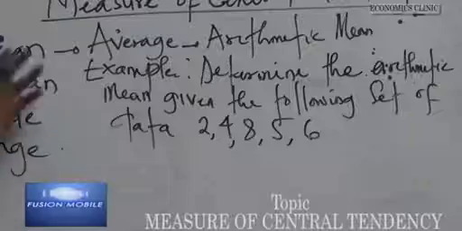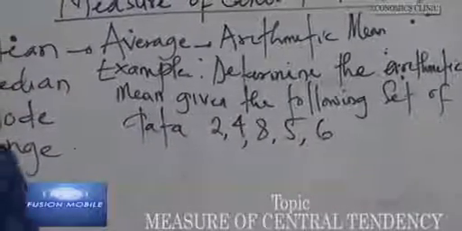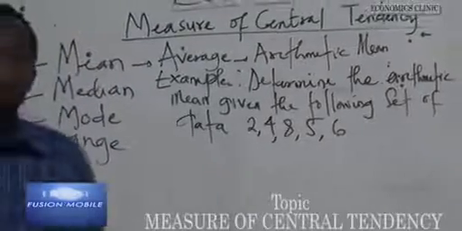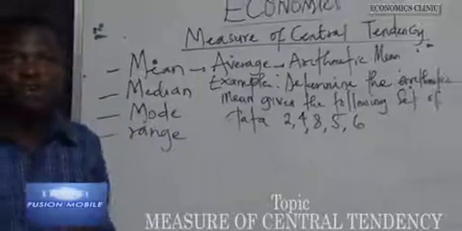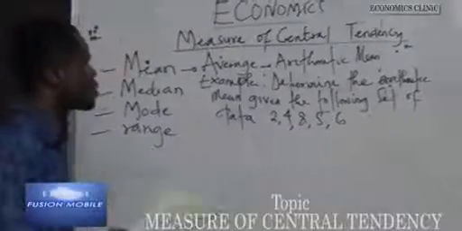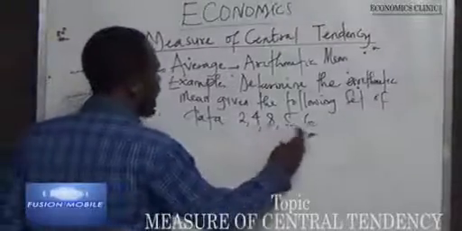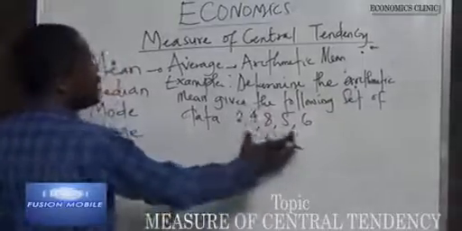Now, before we move further, I would like to say that in the course of this series, we'll only look at the mean for ungrouped data. So we are concentrating only on ungrouped data. Here we have 2, 4, 8, 5, and 6. We're asked to determine the arithmetic mean of this given series.